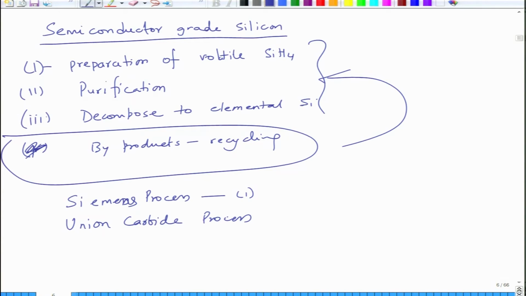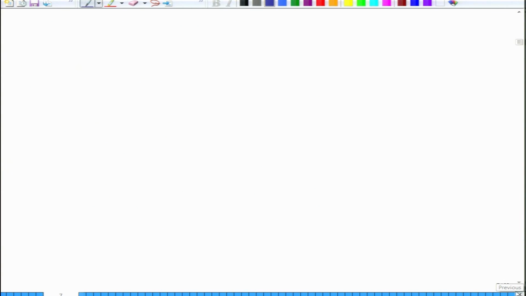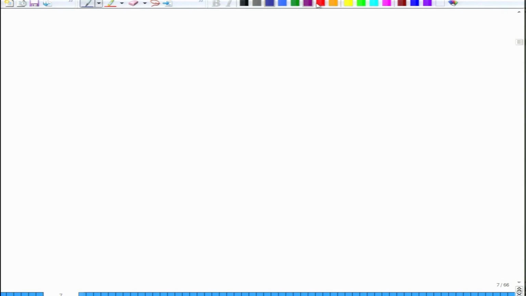The Siemens process accounts for about 60% of silicon in the world, and the Union Carbide process accounts for about 15% of silicon production, and the third is the Ethyl Corporation process, which is again about 15% or so. We will not go into all of these, we will just look at the Siemens process.